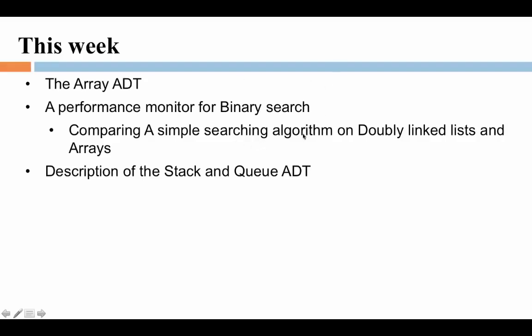We will count very carefully a certain interesting parameter which will tell us which of the two implementations is more efficient. Is it binary search on an array, or is it binary search on a doubly linked list? Again, it will only be an experimental validation and not a validation by a formal proof or a mathematical counting argument. After that, we will quickly describe the stack and queue abstract data types in this week's lectures, and next week we will apply the stack and queue abstract data types to solve certain interesting problems.